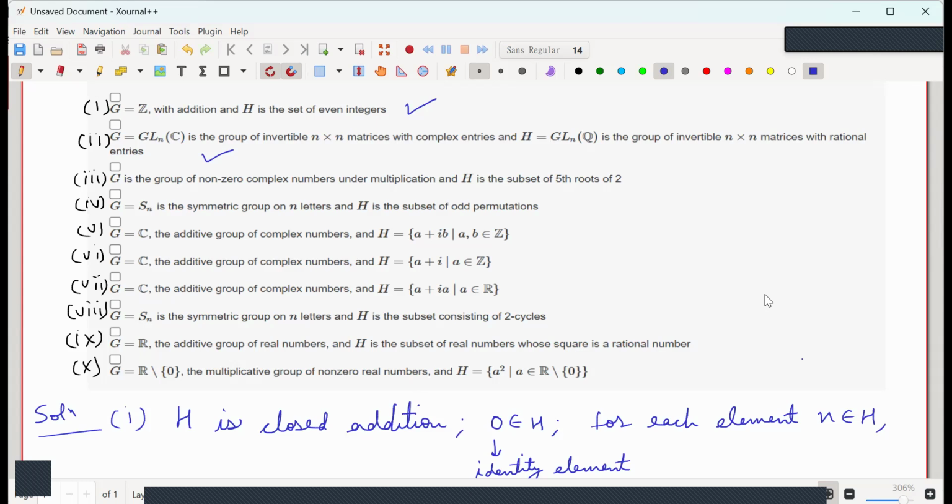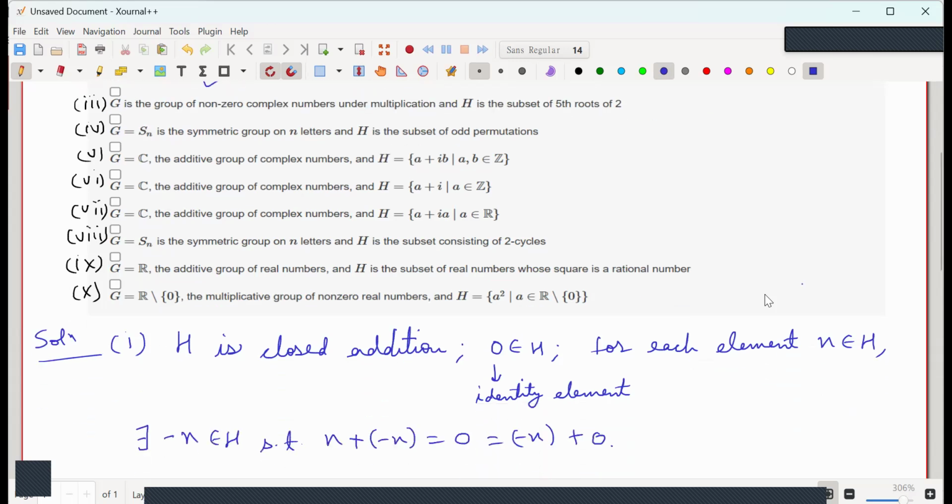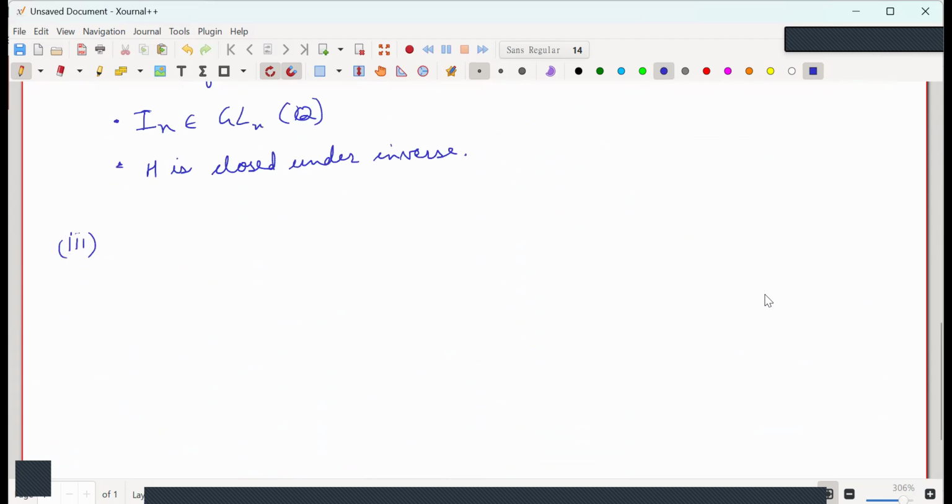So, will H be a subgroup of G? H is the subset of fifth roots of 2. So what will be the fifth roots of 2?